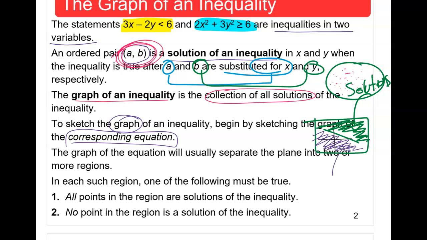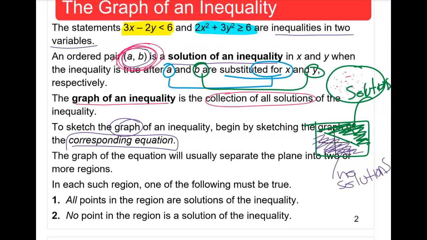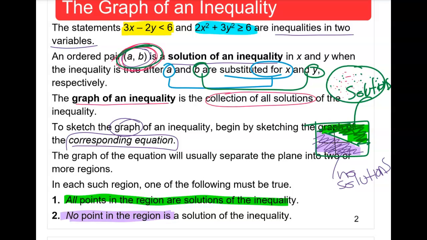The area where we have all the solutions, all the little points, are the ones that will satisfy the inequality.